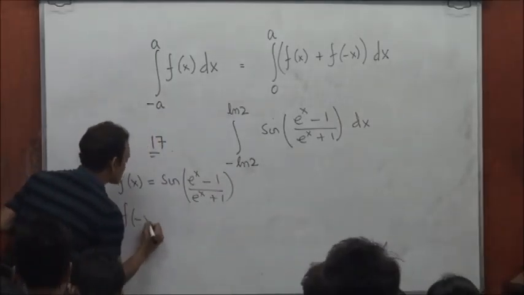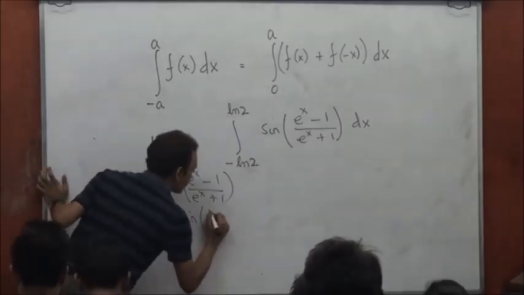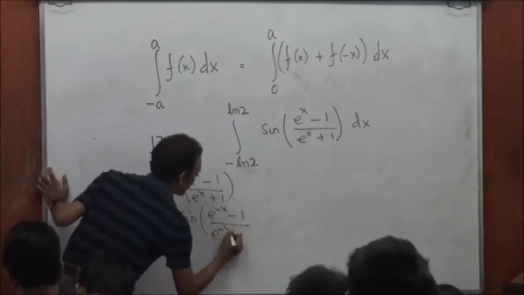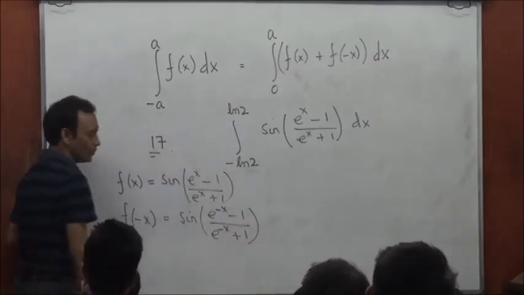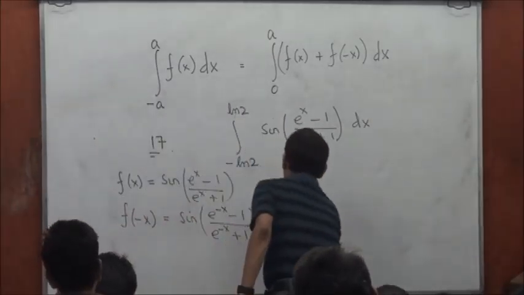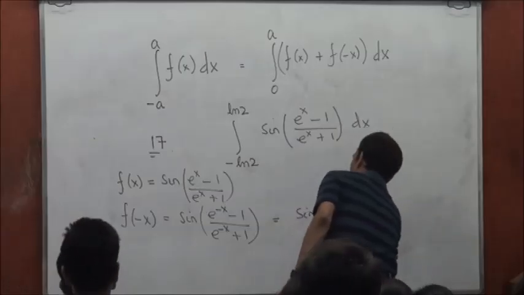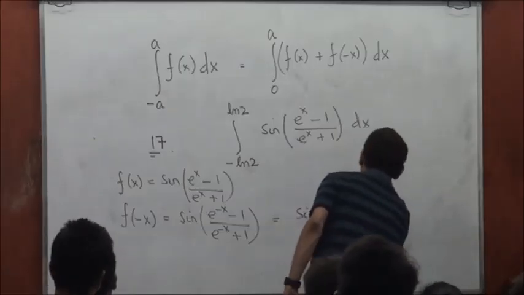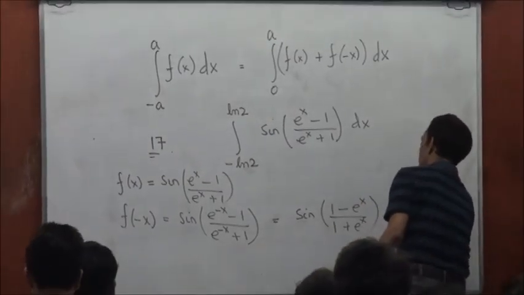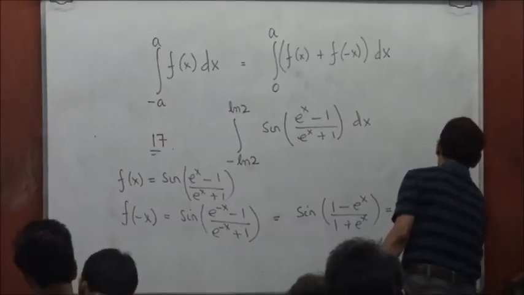F minus x is sine of e power minus x minus 1 divided by e power minus x plus 1. Yes or no? Which is like sine of 1 minus e power x by 1 plus e power x, which is minus sine of e power x minus 1 by e power x plus 1.